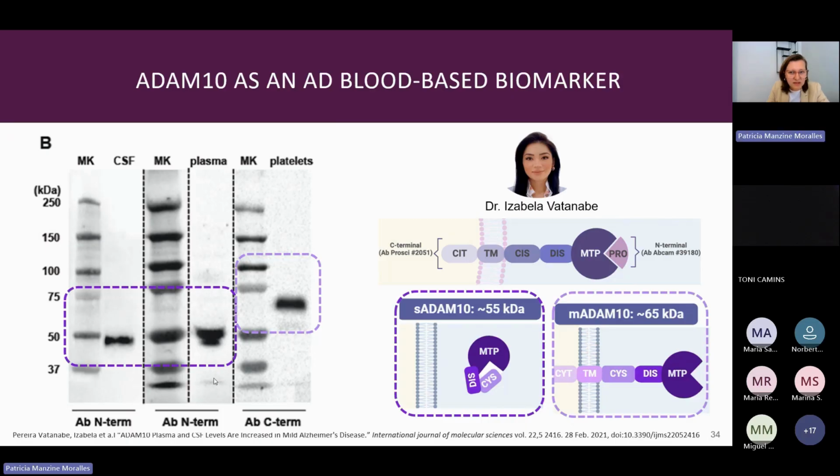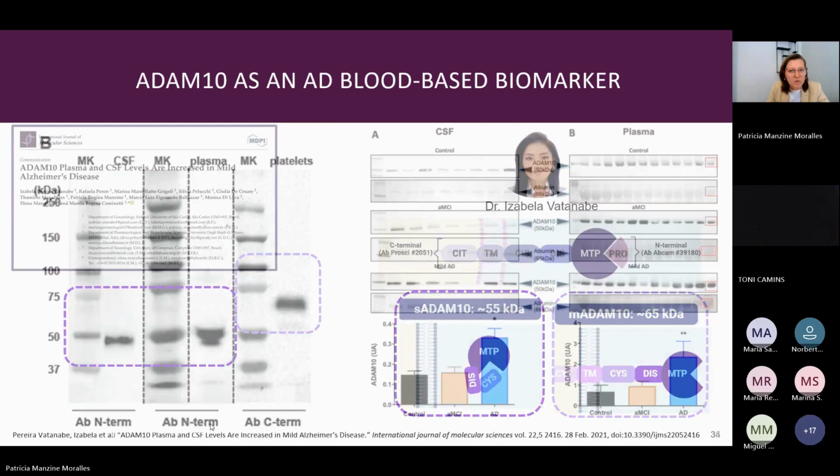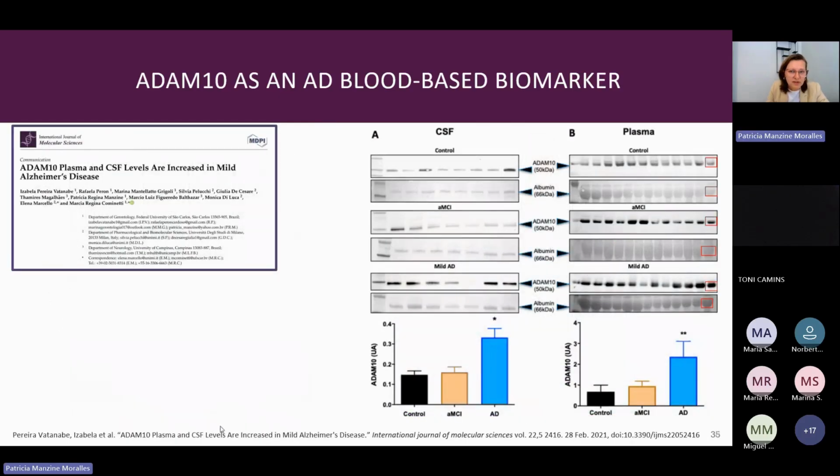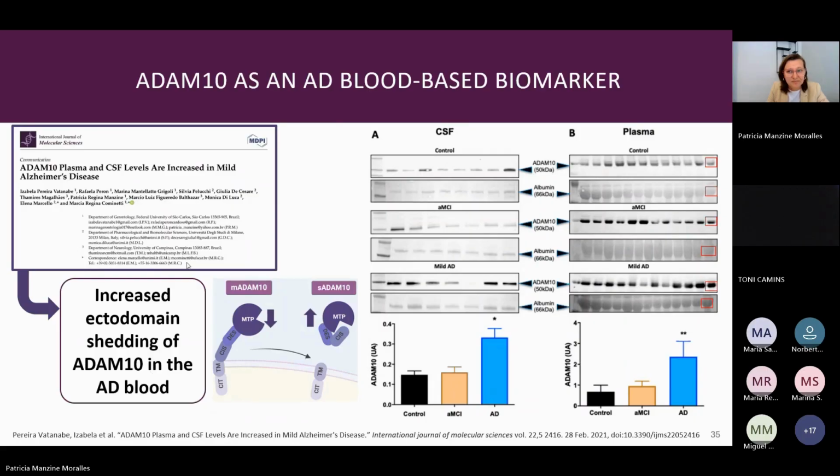And what does any of that mean for our studies? With this isoform differentiation, we observed that in the CSF and in plasma, when using the antibody that binds to the extracellular portion, there were increased levels of the soluble EDN10 in persons with Alzheimer's disease.